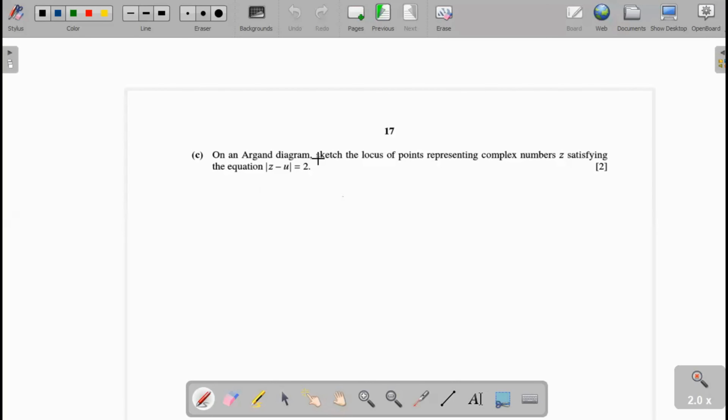On an Argand diagram, sketch the locus of points representing complex numbers z satisfying the equation modulus of z minus u equal to 2. We are already given in this question u is equal to minus 1 plus square root of 7i. Now we put this value in this equation, and that represents the locus of a circle.